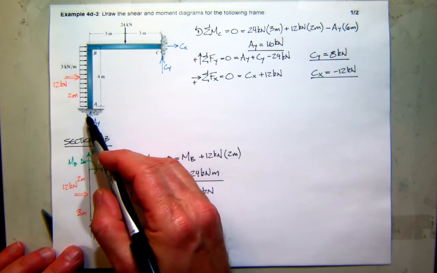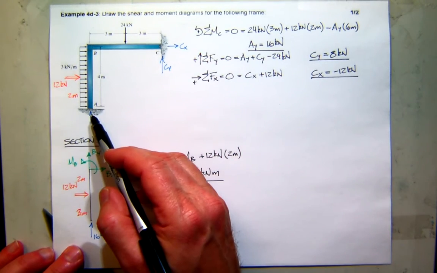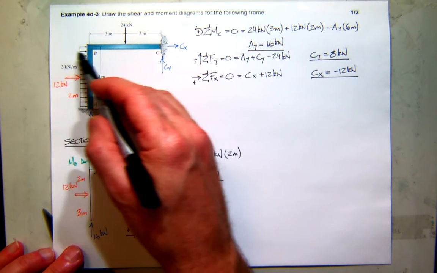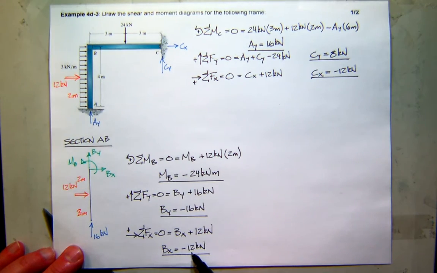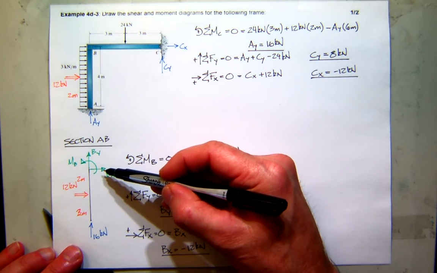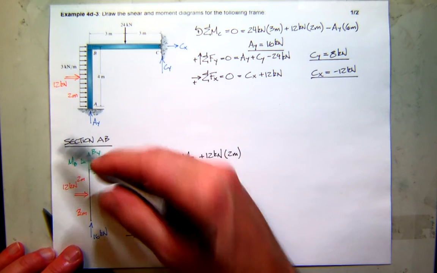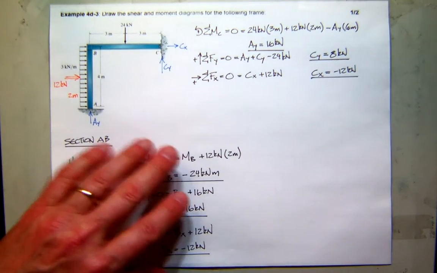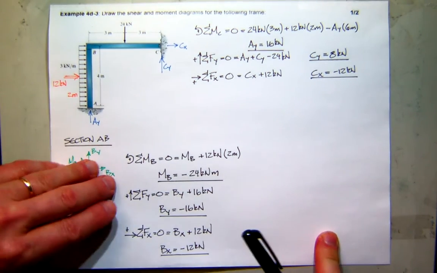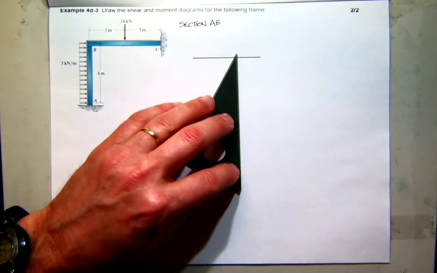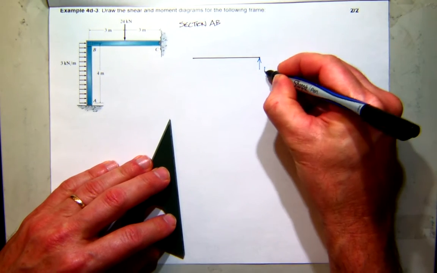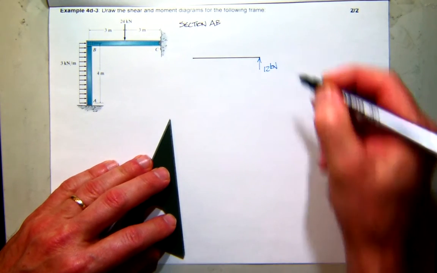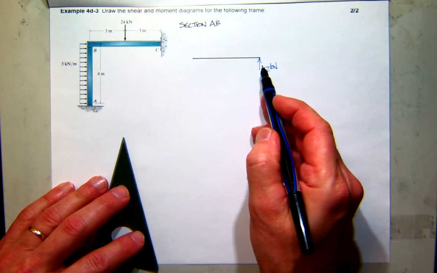No. So there's no shear at A. Is there a force in the X direction or shear force at B? Yeah, it was 12, right? And it was negative. So that means it's really up on AB, right? So if I come over here, I should now see a force up at B of 12 kilonewtons. No shear at A. There's my shear at B.